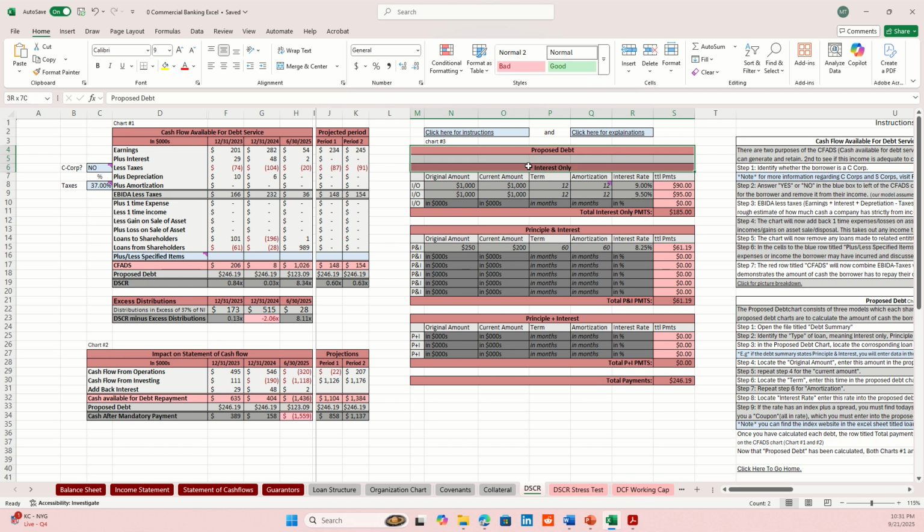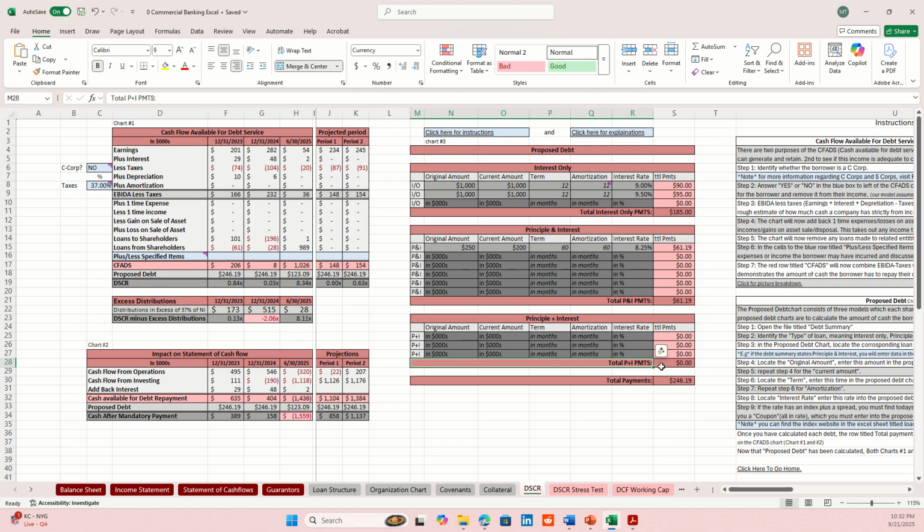This section over here is titled Proposed Debt. We calculate interest only payments, and then it spits out the total interest only payments that will be paid within a year. Then we have total P&I payments that will be paid within a year.